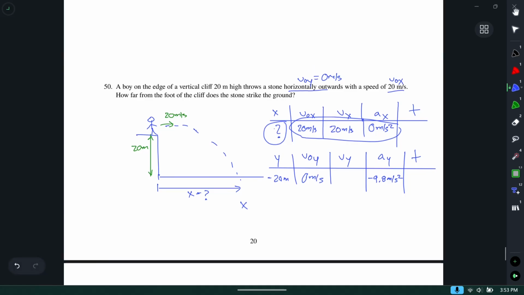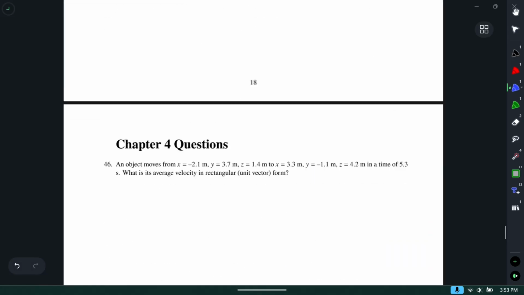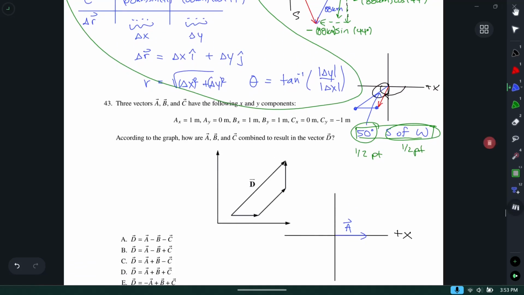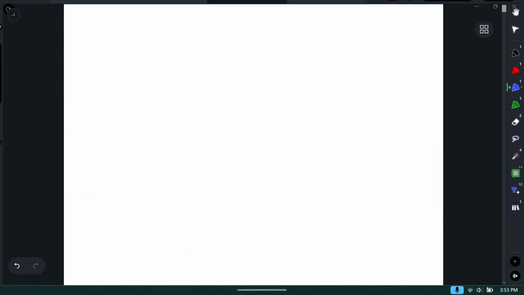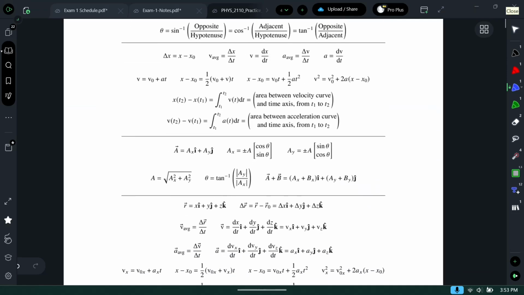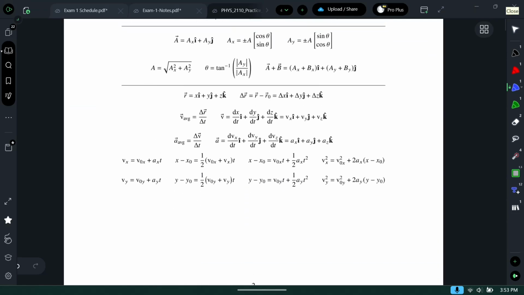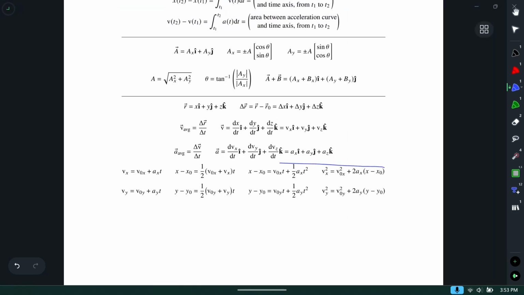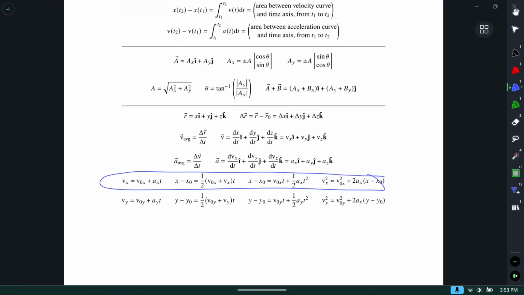Let's look at my kinematic equations that could be relevant. So let's come all the way up here. All right, so I'm looking at this line. I might say, oh, I could use this one.